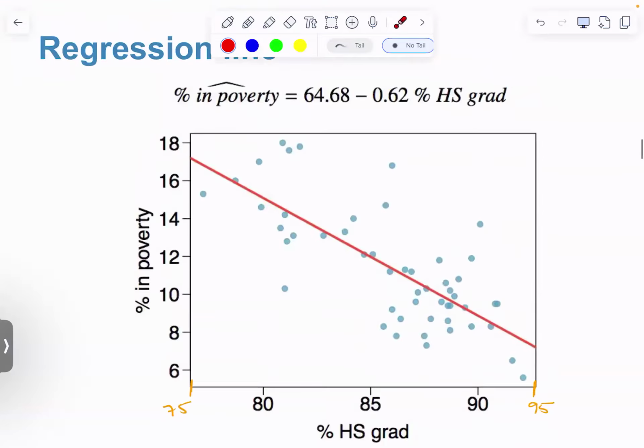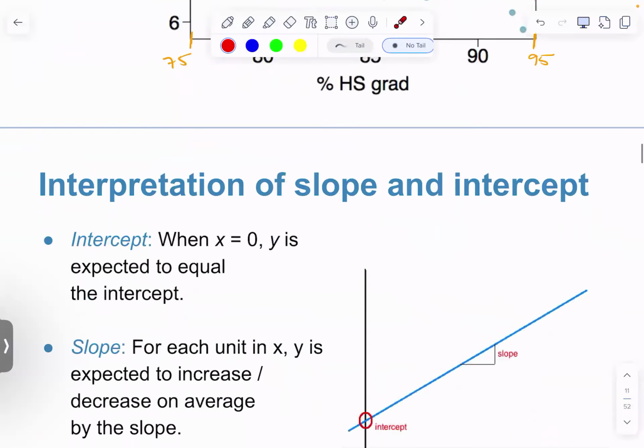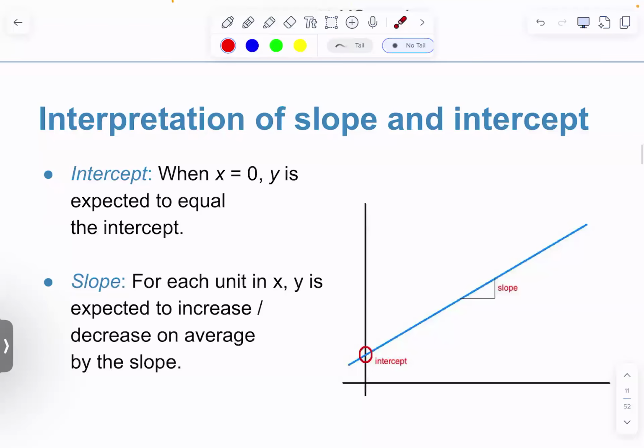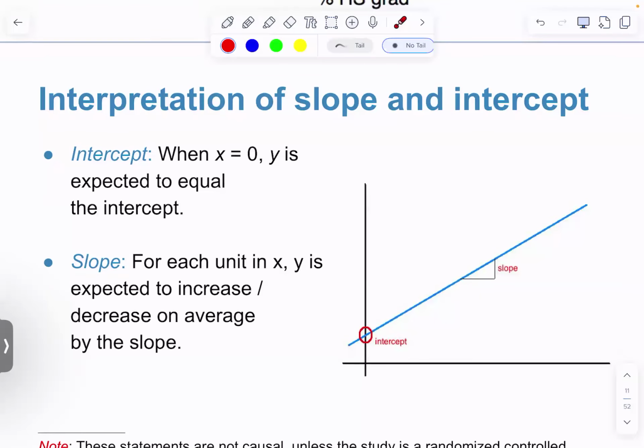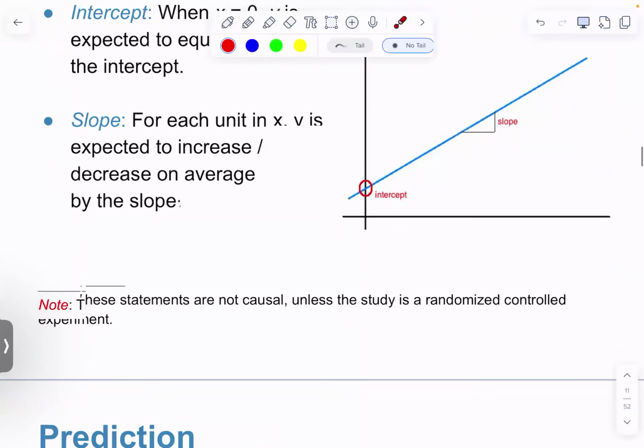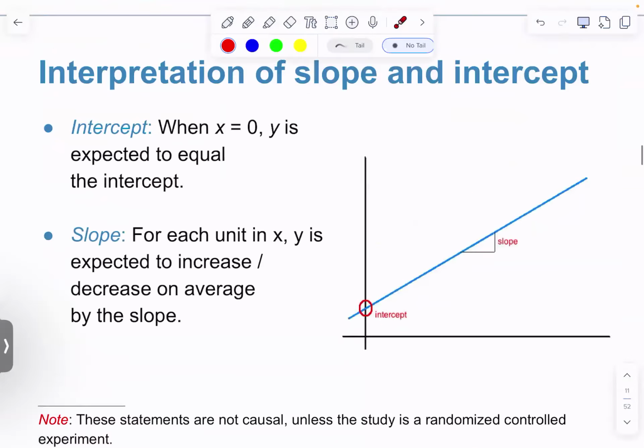Okay. I like my interpretation better, but there's alternate interpretations. They're the same, right? For the intercept, you want to hinge it on, okay, well, it's my predicted value of y when x is 0.